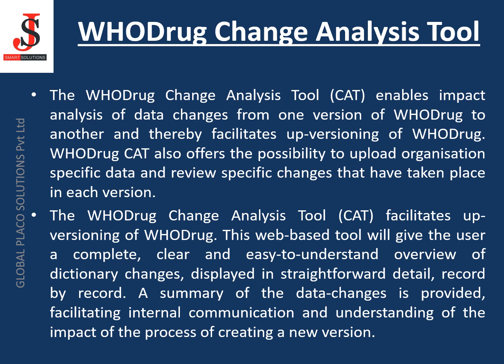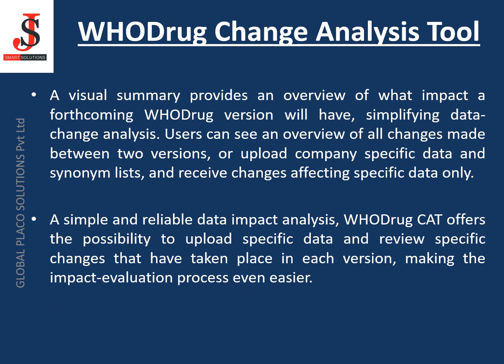This web-based tool will give the user a complete, clear and easy to understand overview of dictionary changes, displayed in straightforward detail, record by record. A summary of the data changes is provided, facilitating internal communication and understanding of the impact of the process of creating a new version. A visual summary provides an overview of what impact a forthcoming WHO drug version will have.